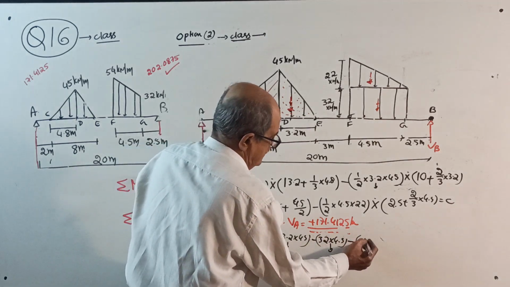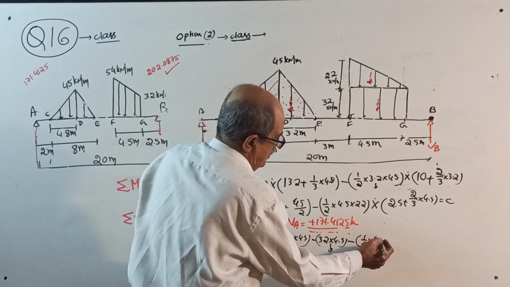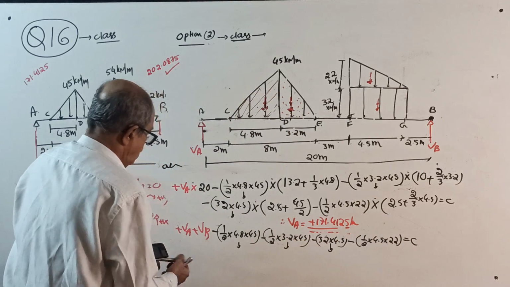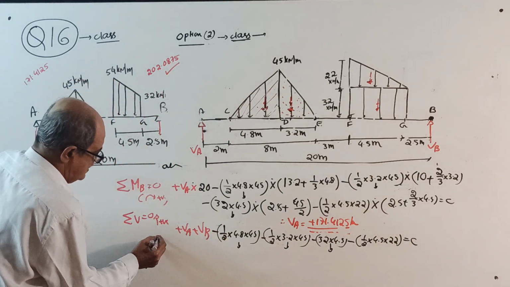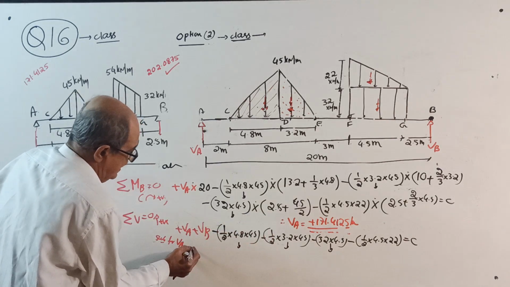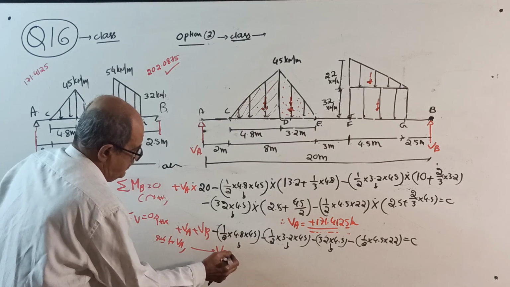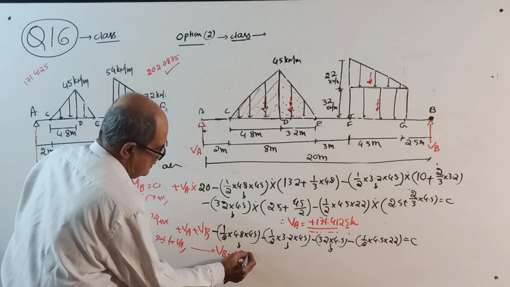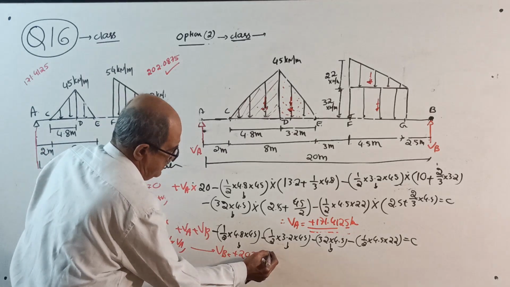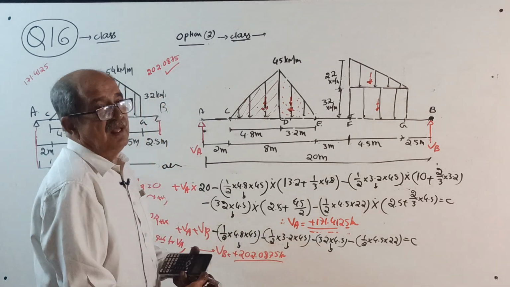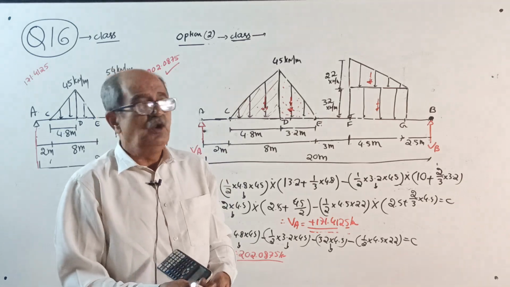Again minus half into 4.5 into 22 equal to 0. Now you got VA already. Substitute for VA, and you will get VB equal to 202.0875 kilonewton. Over. Now we got the reaction perfectly.